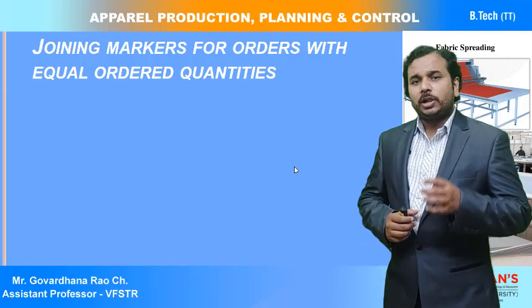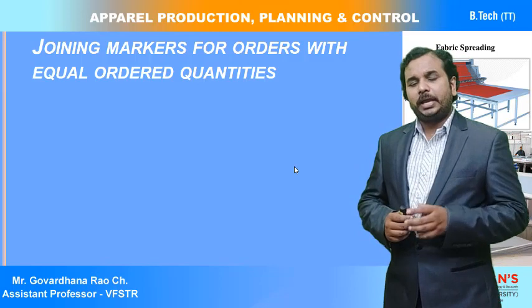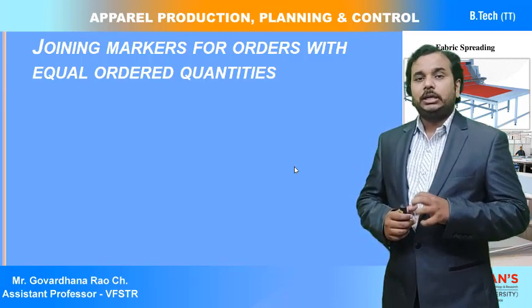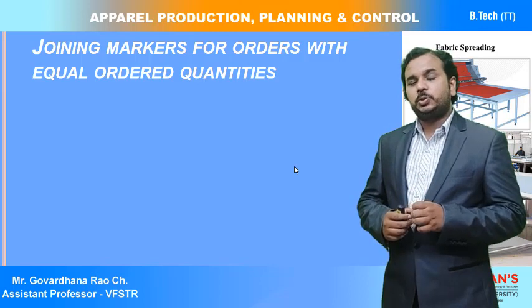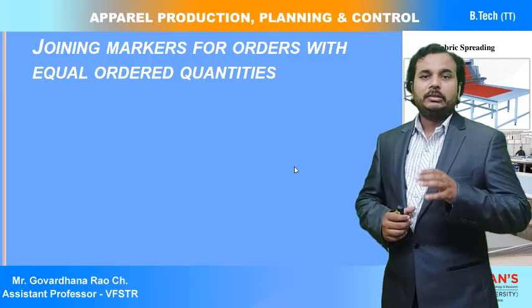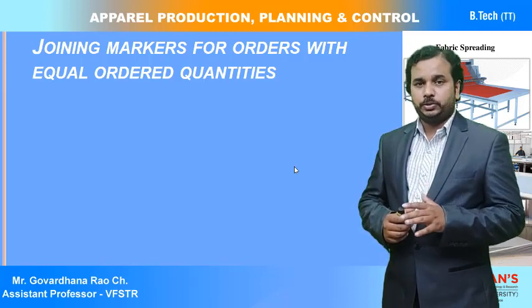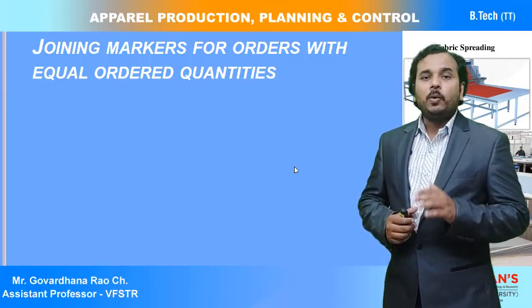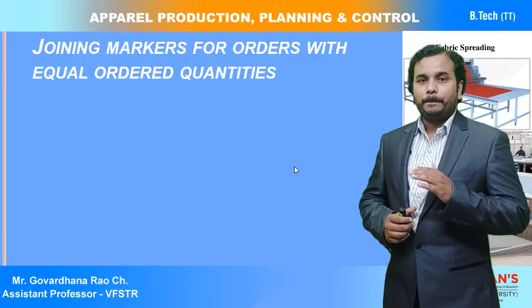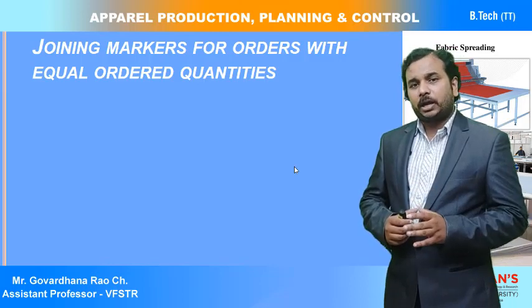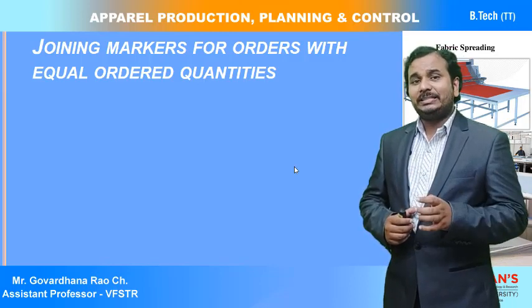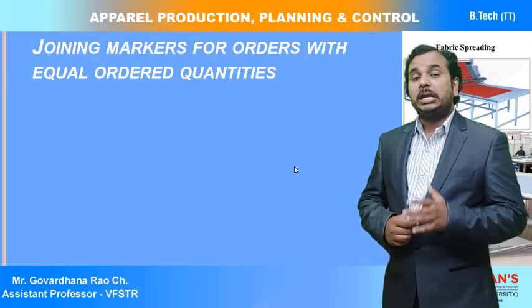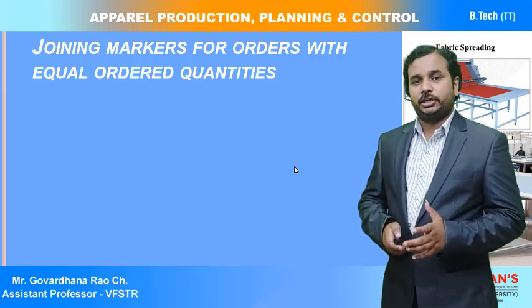All the patterns are placed in an order so that fabric utilization is greater and fabric wastage is reduced. How we place and arrange the patterns in a marker is very important in terms of marker efficiency.